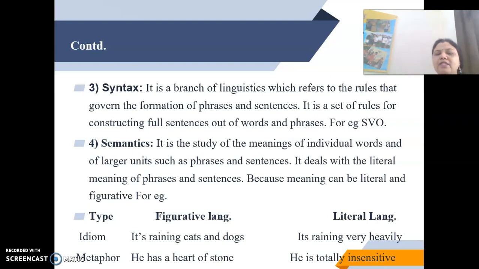For example, SVO: subject, verb, object. It is the simple way to form a simple sentence by organizing the words in this particular order. Syntax is also a set of rules for constructing full sentences out of words and phrases.